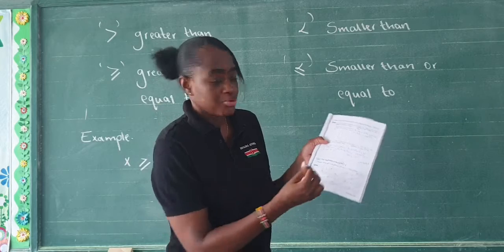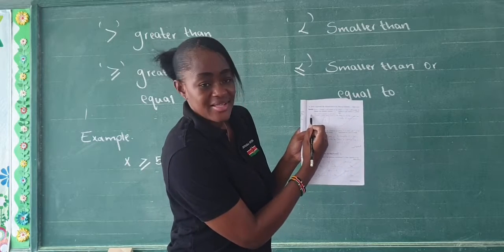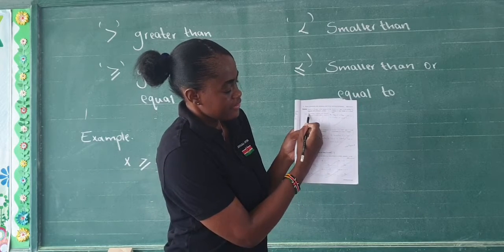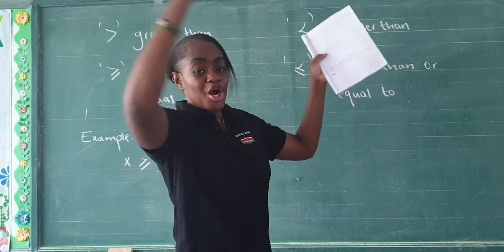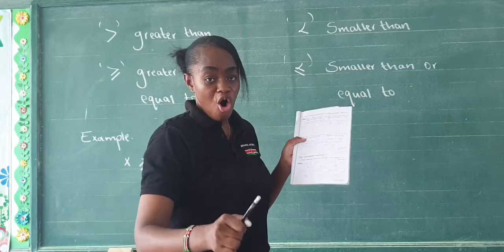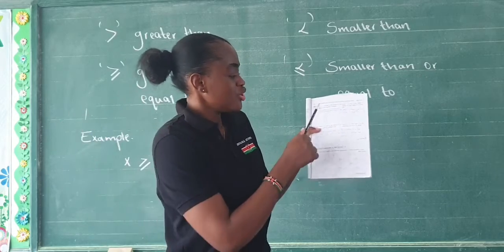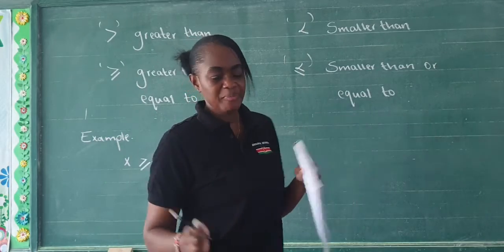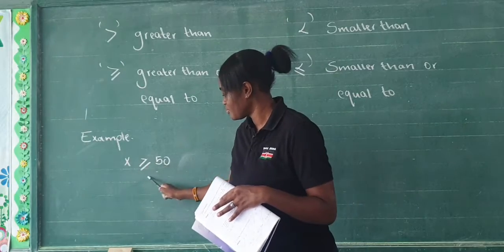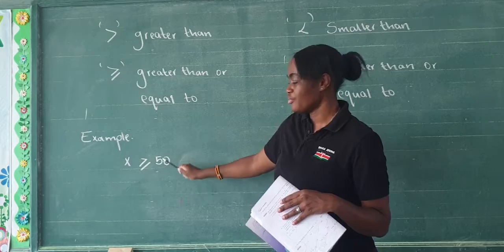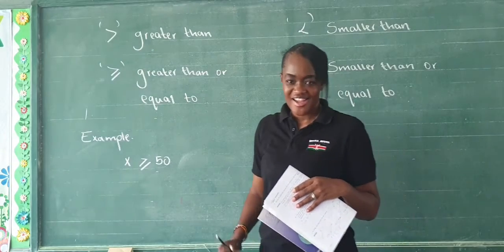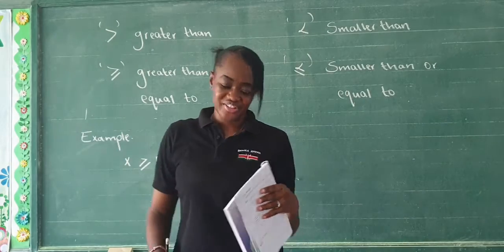So when you look at your book, the answer is the number of students who attended a seminar is greater than or equal to 50. Okay? This symbol, you just check greater than or equal to 50. Understand? Very good.